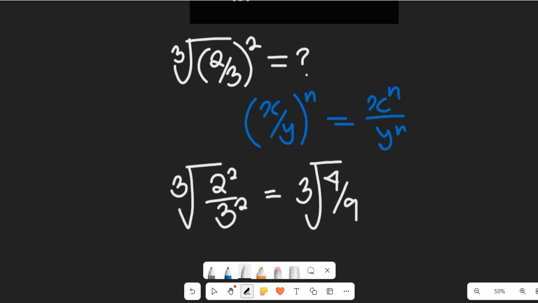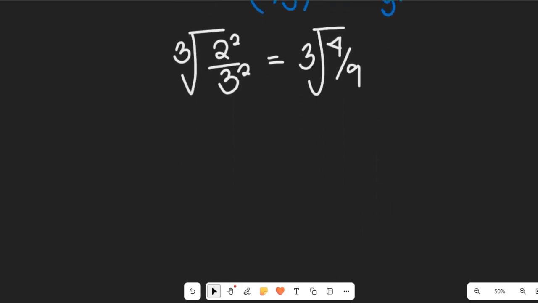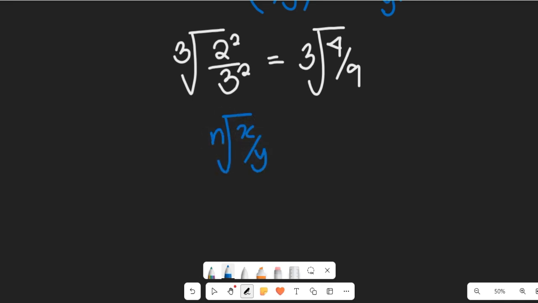Great. Now we've gotten to a point whereby we need to apply more laws of indices. Recall another good law of indices that says if you have the cube root of x divided by y, this can simply give us the cube root of x divided by the cube root of y. We can separate the roots.